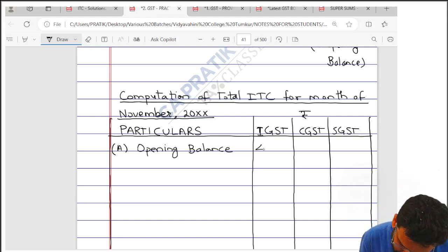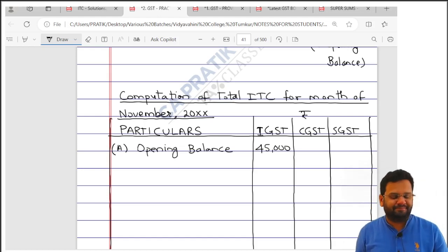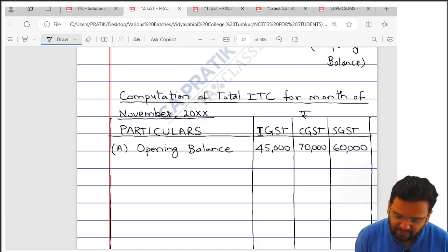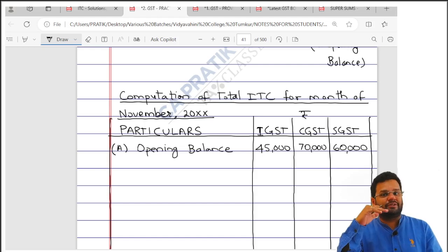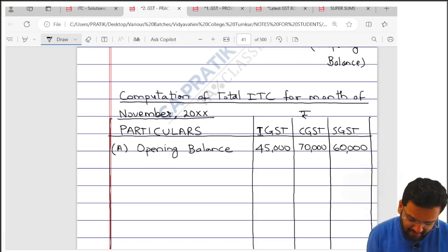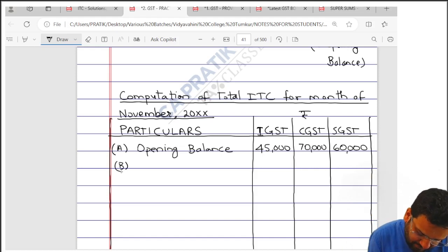Okay. CGST, SGST, 60,000. So I want to reach finally total ITC. So I will start with opening balance. Then I will go for inward supplies in the month.